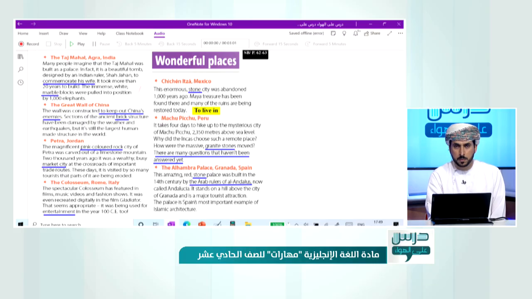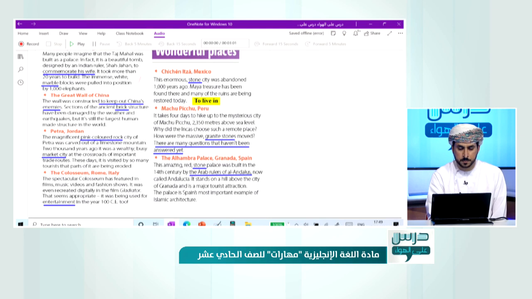The Great Wall is the name of the site, and it is located in China, as it is clear from the name. Why was it built? As it is clear in the first line here, to keep out China's enemies, for defense. They are made of what? Brick. Okay, this is the answer for the material.